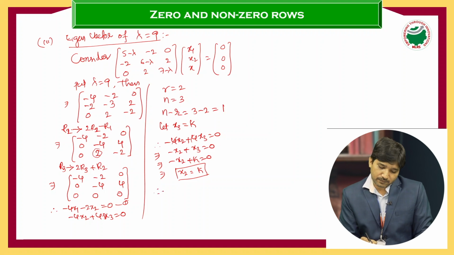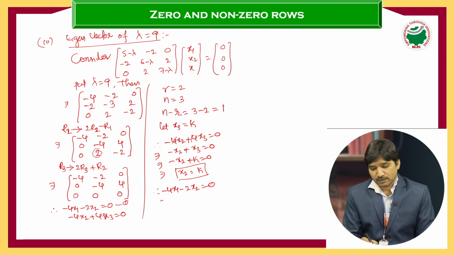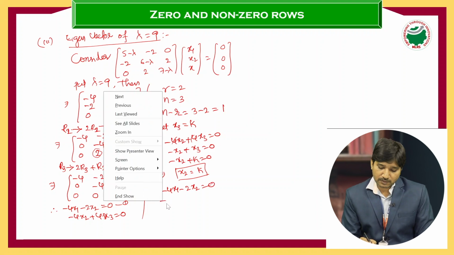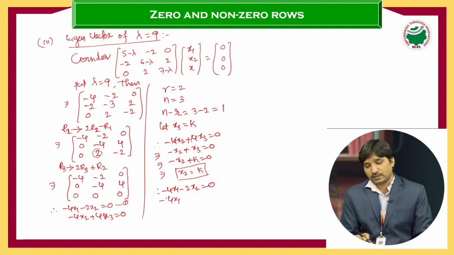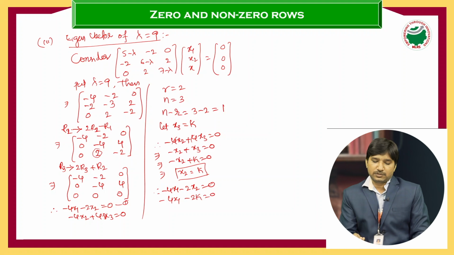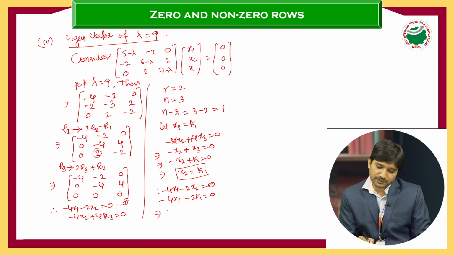The first equation is minus 4x1 minus 2x2 equal to 0, so minus 4x1 minus 2k equal to 0. After simplifying, minus 4x1 equal to 2k.